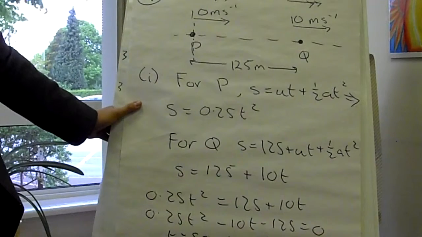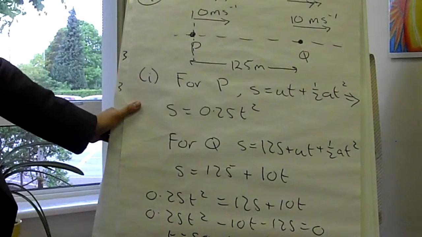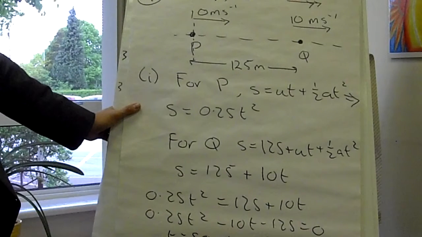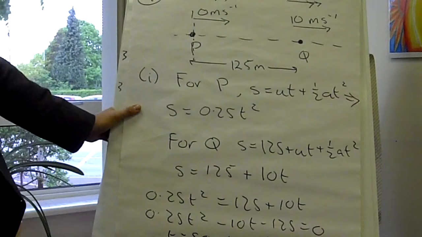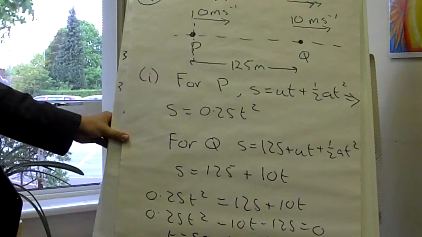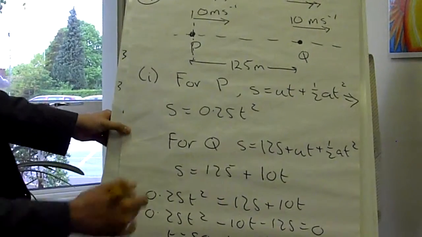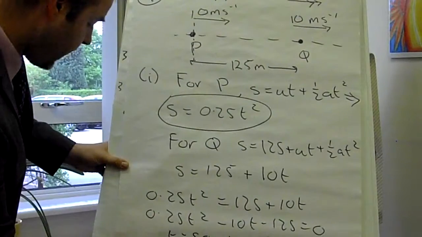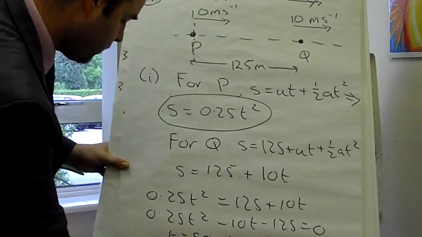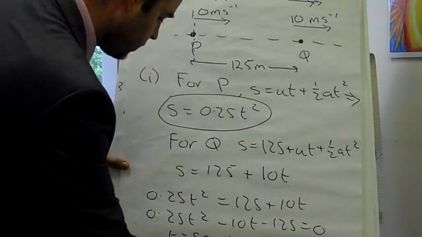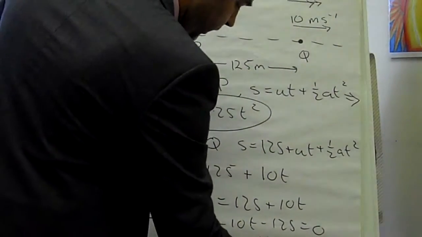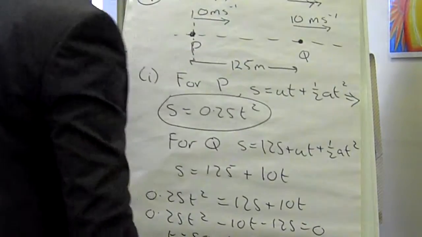Well, again, we can use s equals ut plus a half at squared, or even just use this. We've got that s equals 0.25 times 50 squared, and that gives us an answer of 625 meters.